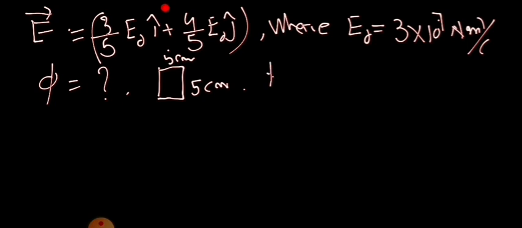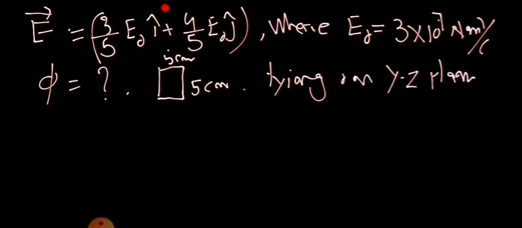lying on the YZ plane. So pause the video and solve. Again we saw this electric field is a constant quantity, magnitude and direction both are fixed.